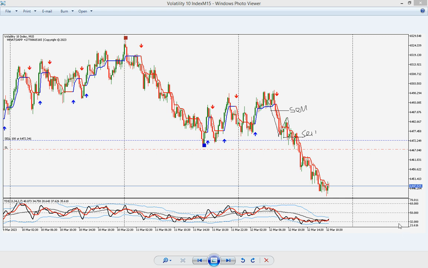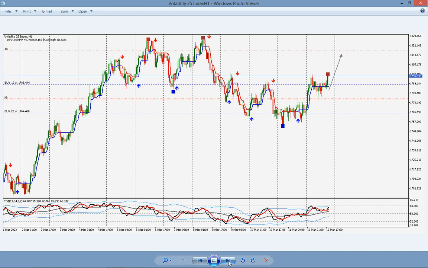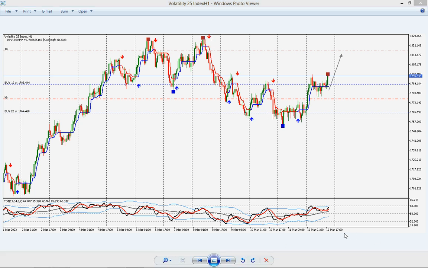Okay, let me clear out, go to the next flashcard. Alright, this is VIX25. You can see for yourself here we have a graph.